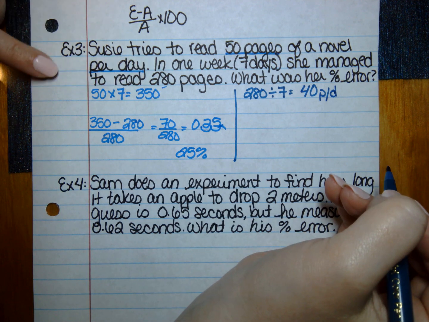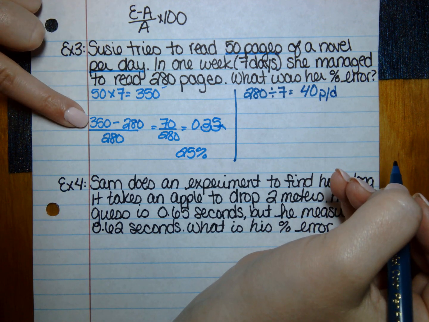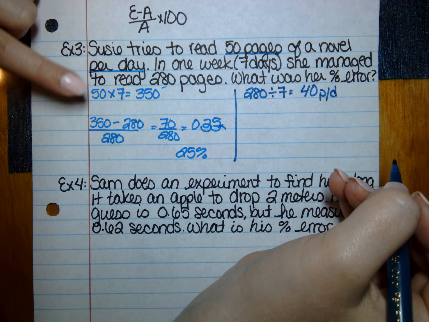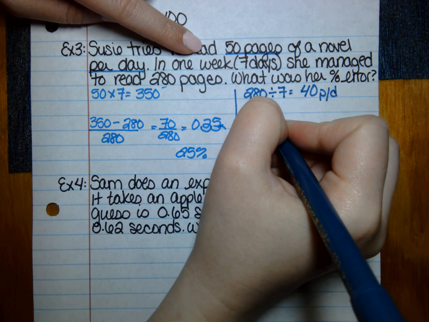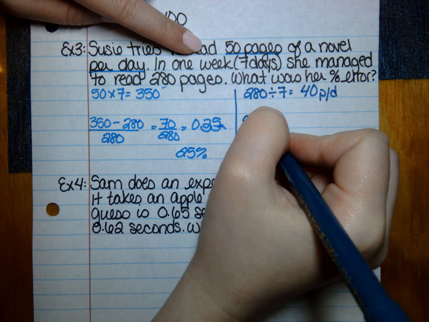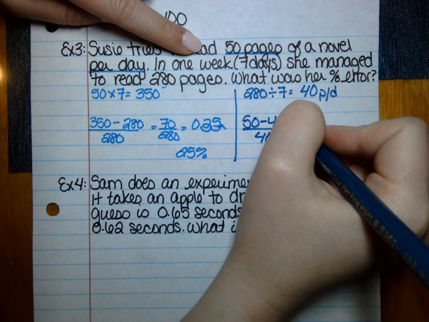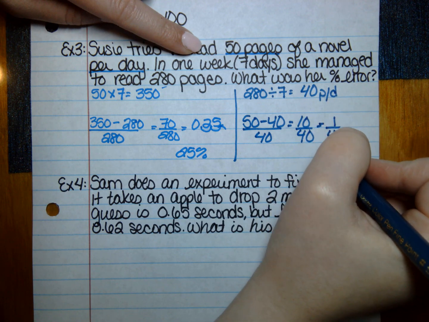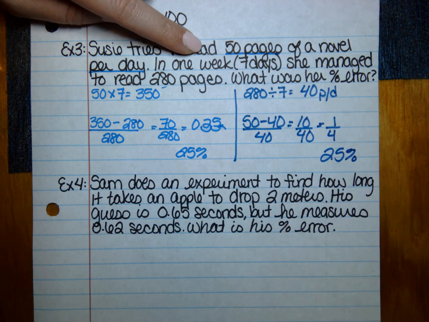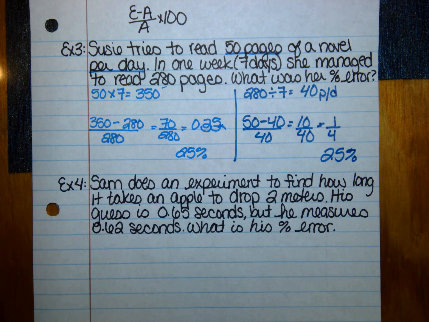So now, same concept. Instead of my 350 of what I wanted, I'm going to have my estimate of 50 minus the actual of 40 over the actual of 40. So I'm going to get 10 over 40, which gives me 1/4 or 25%.